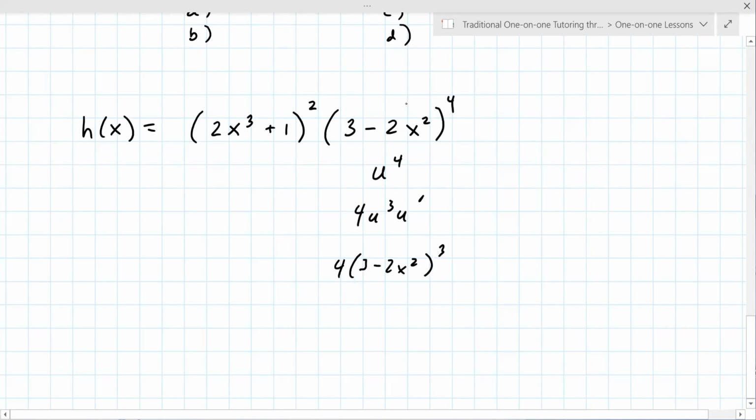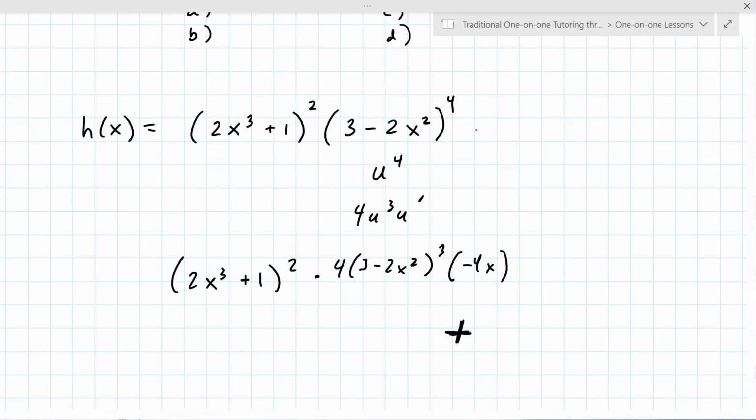U prime, the derivative of the inside, is minus 4x. And you're keeping the first already times this, and then there's the big plus, because you're now going to do the flip of it. Okay, got it. Carry on with that one, please.